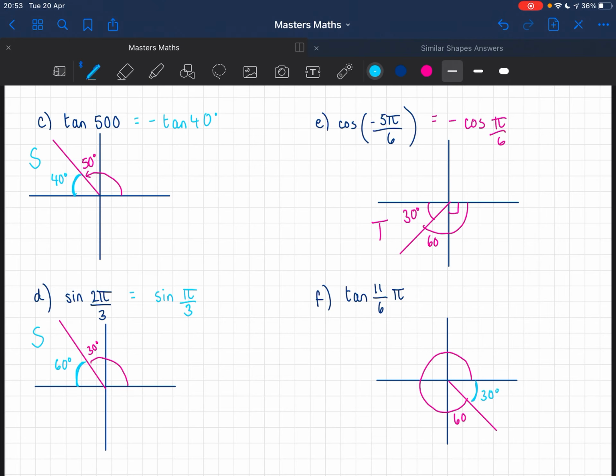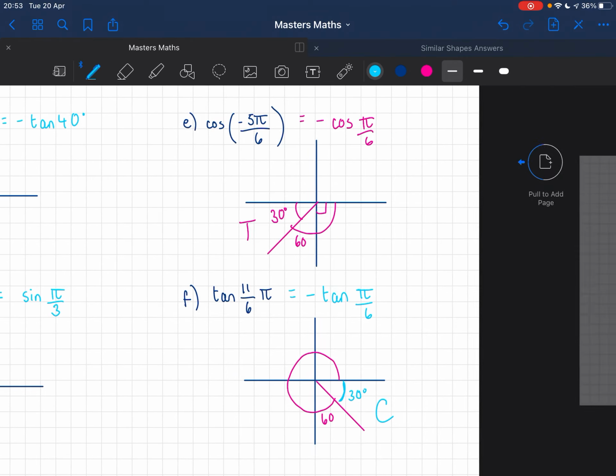So we're looking at tan 30. This is the C of the CAST diagram, so only cos is positive, meaning that our tan value is going to be negative. So we've got negative tan 30 degrees; 30 is a sixth of 180, 180 being pi, so it would be minus tan pi over 6. And that's it. That's the last example.